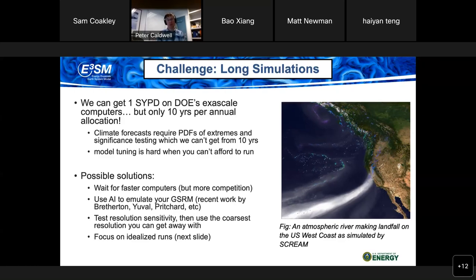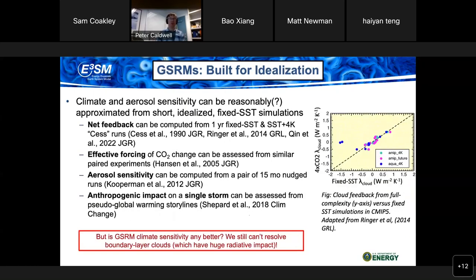But there's also a lot we can do with short simulations, and that's the subject of this slide. When I was building this model, I was motivated by the idea that you can calculate your climate sensitivity basically from just doing a pair of fixed SST simulations.